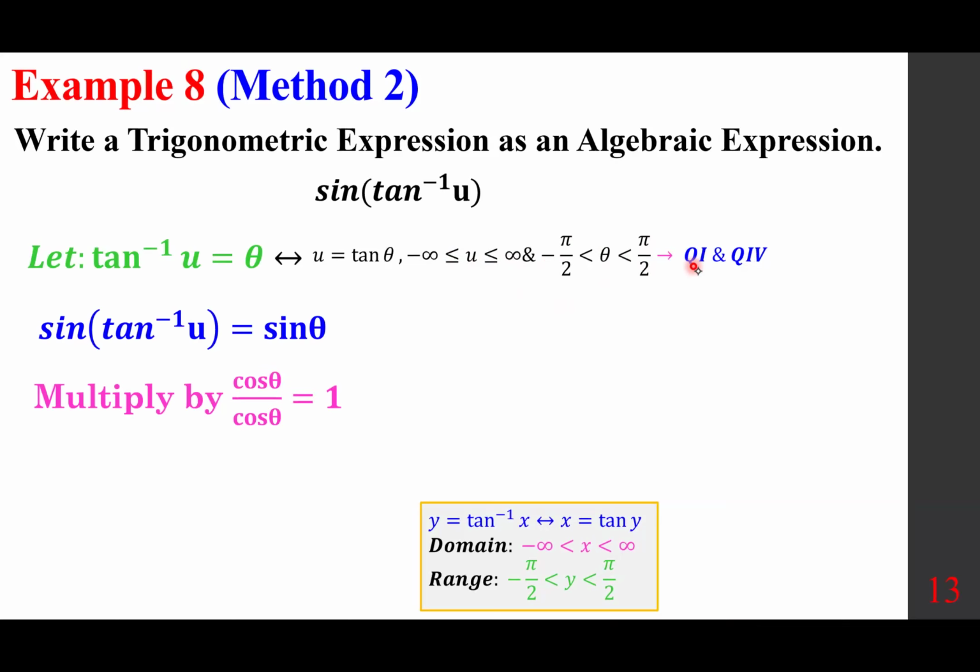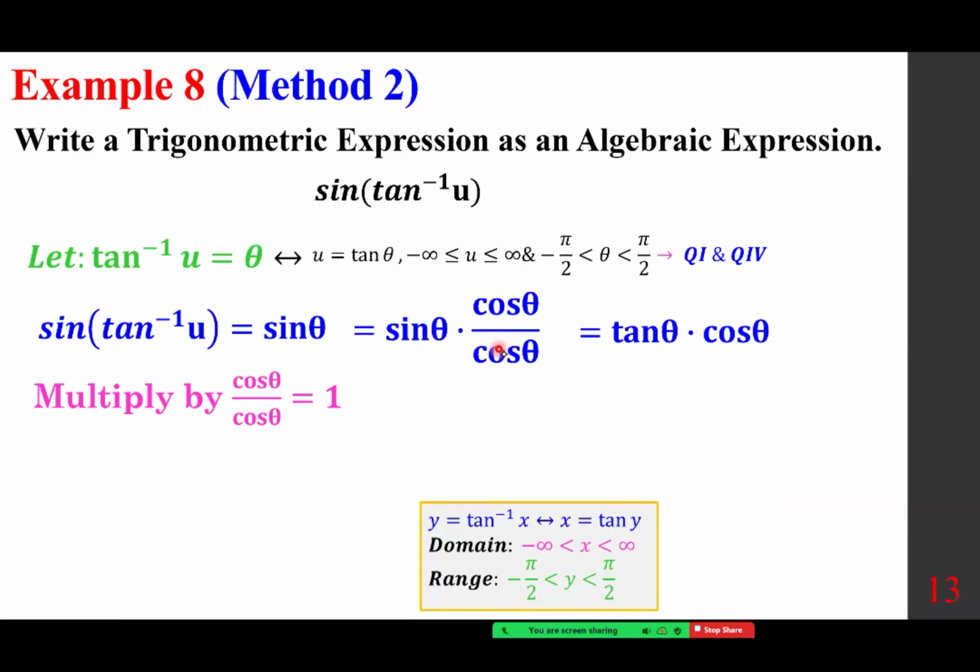Let's multiply by cosine theta over cosine theta, which is equal to 1. So if I put this one underneath this one, sine theta over cosine theta is tan theta times cosine theta.